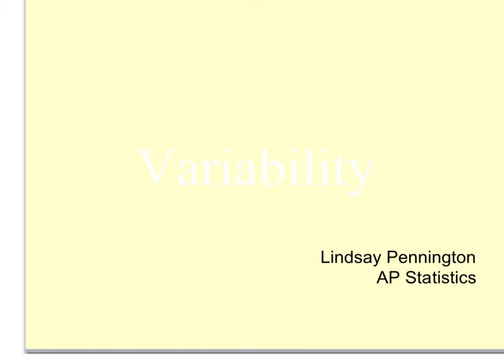But an even more popular way to describe a distribution numerically is with the mean and the standard deviation together. Probably the most popular in statistics, and that's what we're going to talk about tonight, is the standard deviation in association with variability and something called the variance.